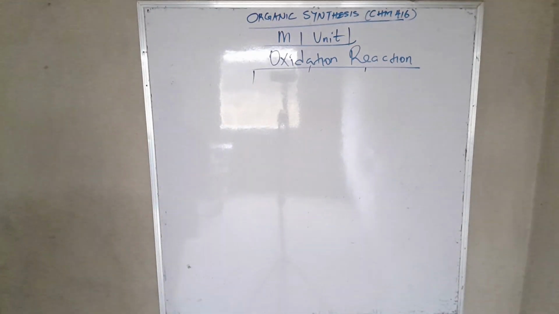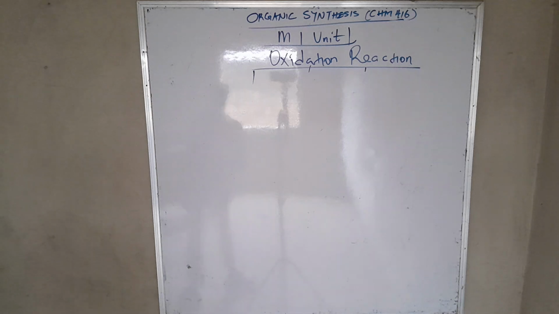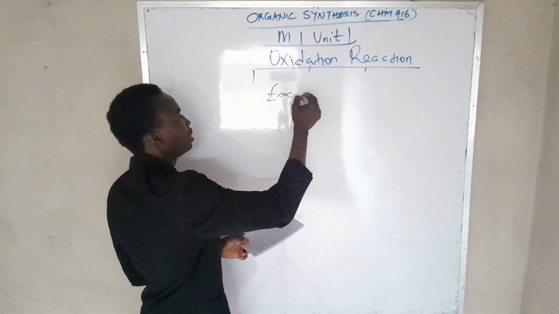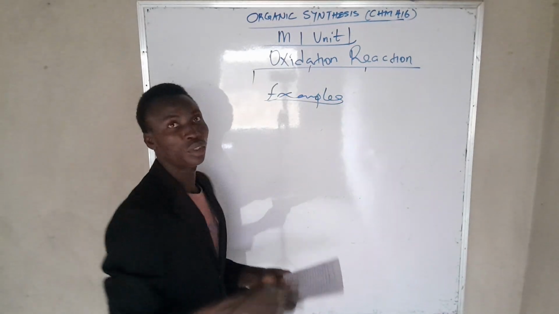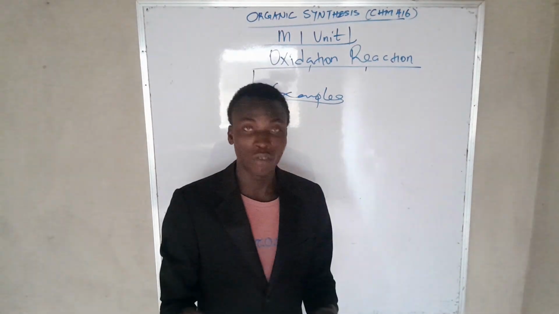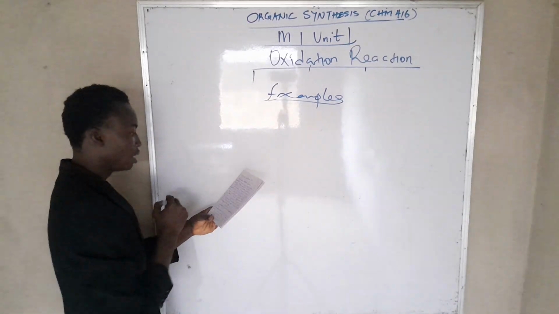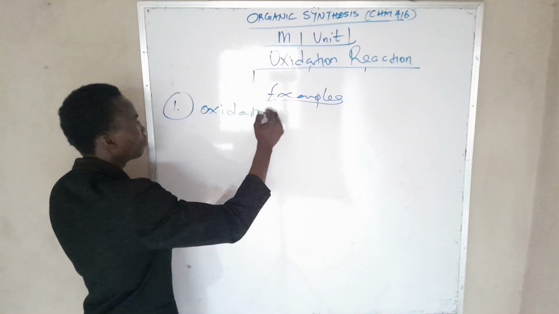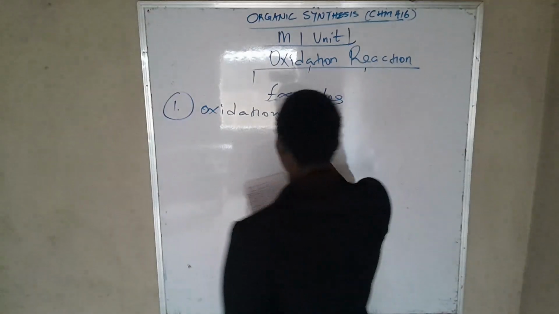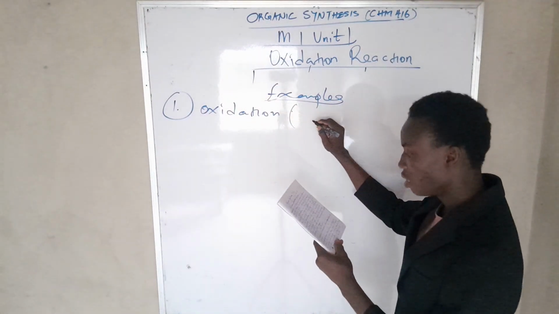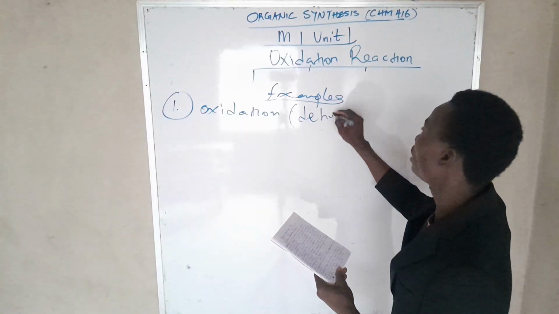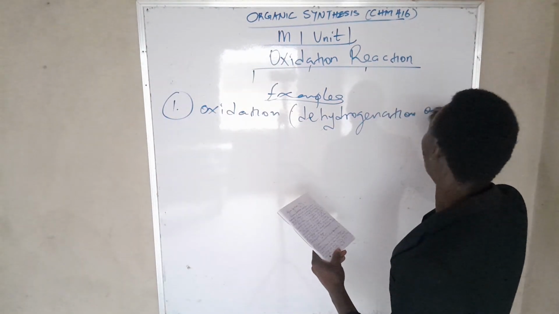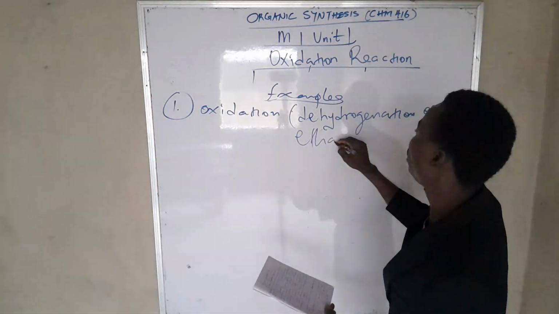So now let us proceed. We're going to talk about some typical examples. What are the typical examples that we have here? First of all, let's talk about the oxidation which has to do with dehydrogenation of ethane.